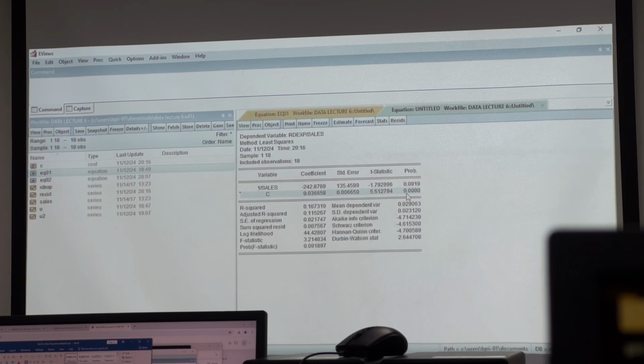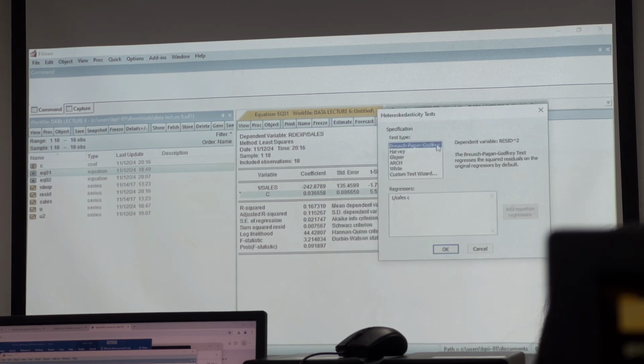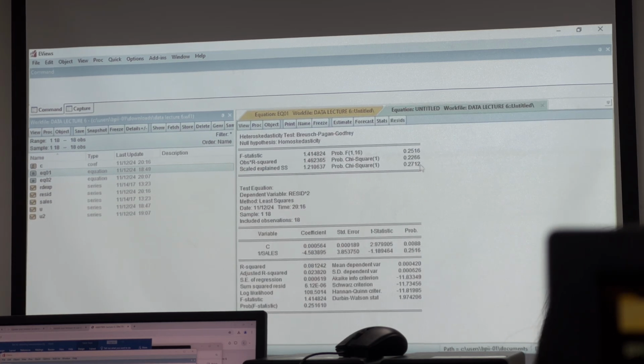But what we want to do now is to have a reliable estimate of the standard error. So reliable or not, you have to test. So in this case, if you perform the heteroscedasticity test again, the Breusch-Pagan test, the p-value is even better than the previous one, I think. So this one 0.22 is greater than 0.05.